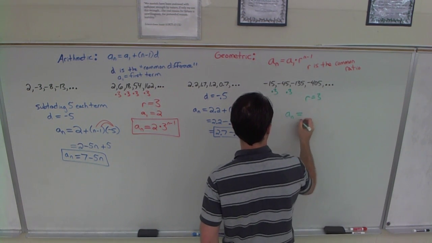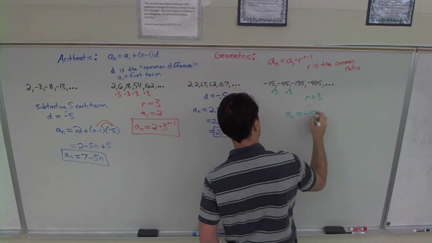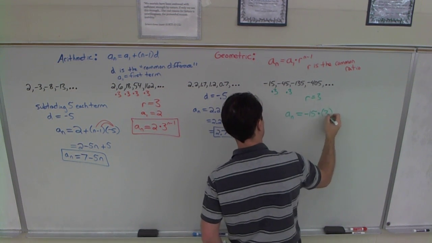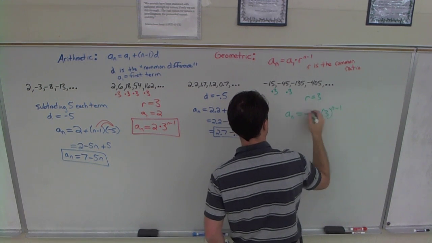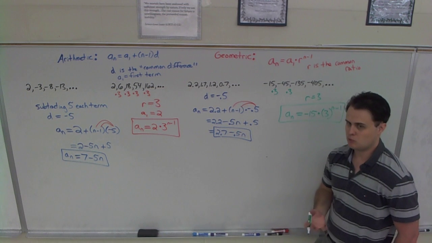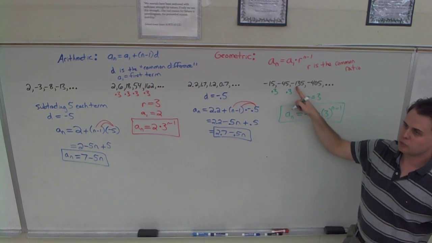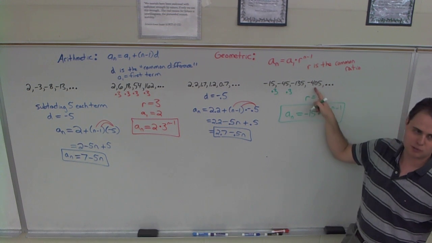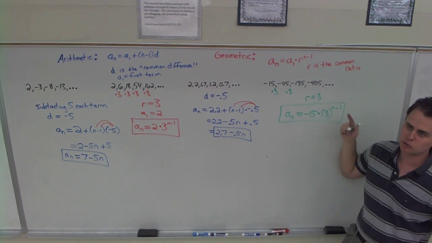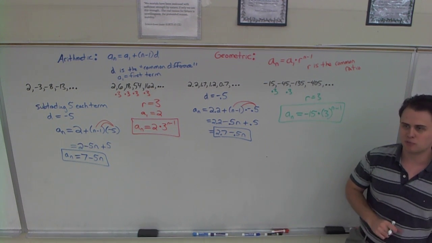So it's going to be first term times ratio to the power of n minus 1. There you go. That's it. If you plug in 3 for n, you'll get that. If you plug in 4 for n, you'll get that. If you plug in 5 for n, you'll get the next one. If you plug in 10 for n, you'll get the tenth term. It's the explicit form of a sequence.